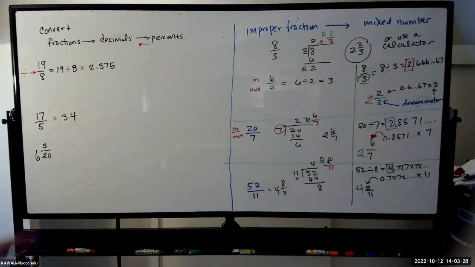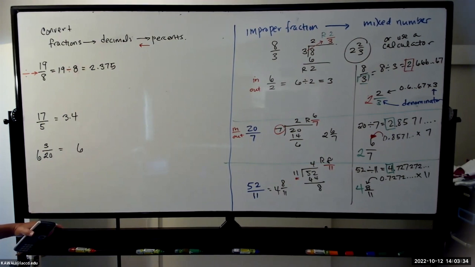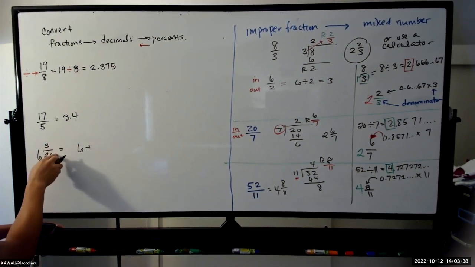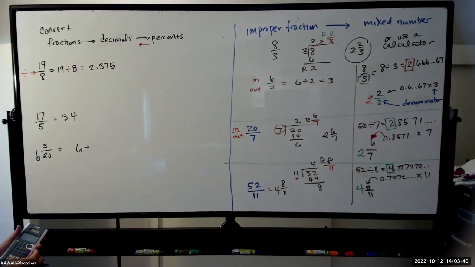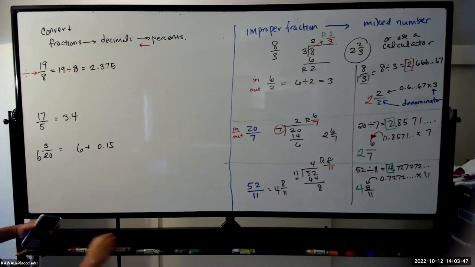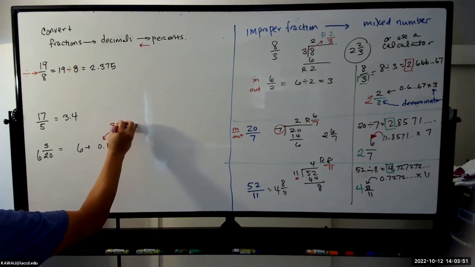Over here, the whole number is going to be the whole number part, and this is going to be the decimal part. So just do 3 divided by 20, which will give you 0.15.